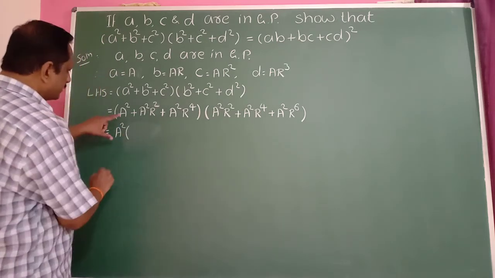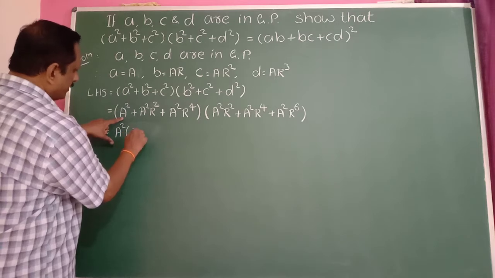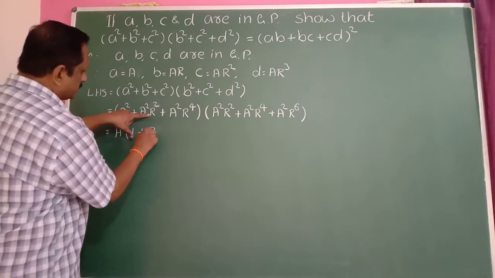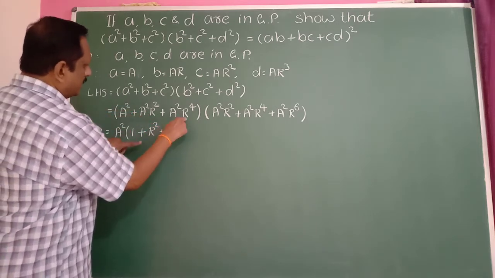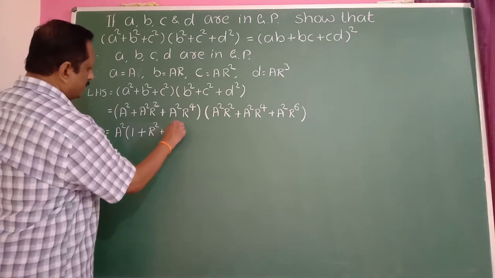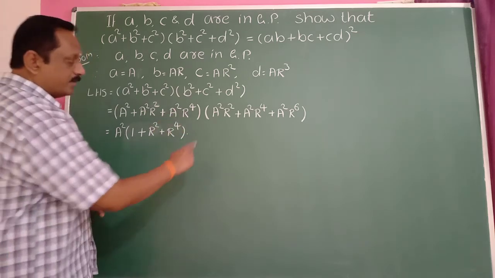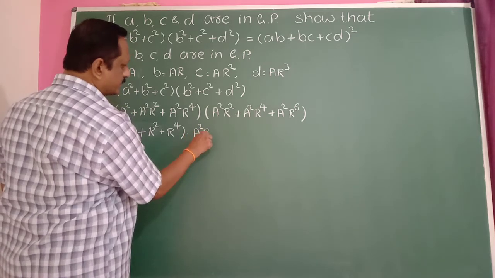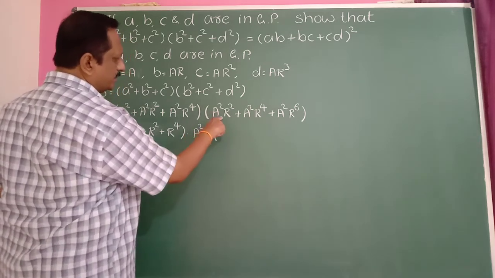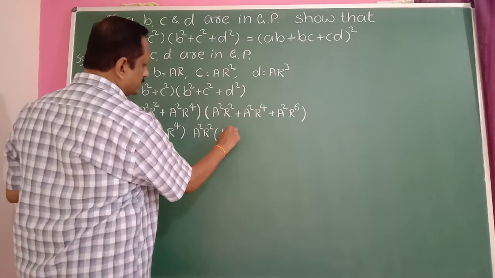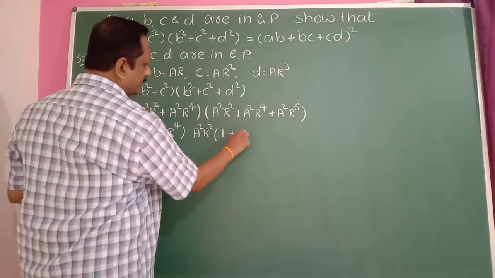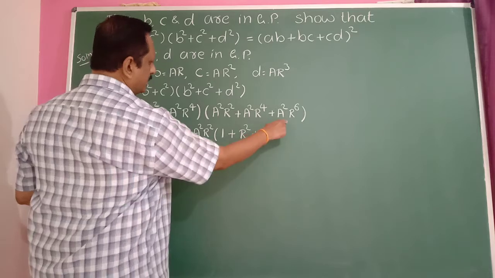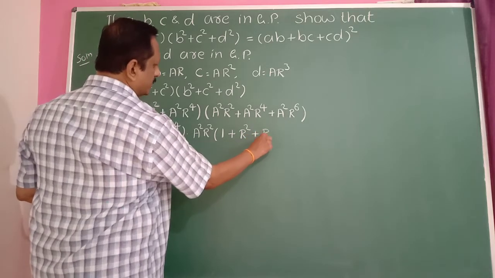So a square is common, then remaining is 1 plus r square plus r to the 4, into. From this bracket we take a square r square common, then remaining is 1 plus r square plus r to the 4.